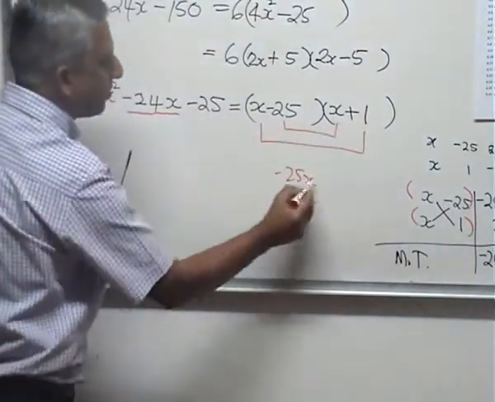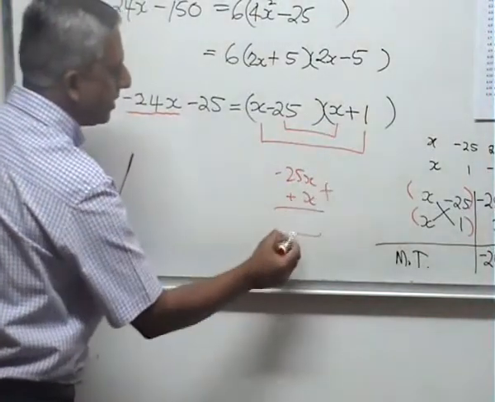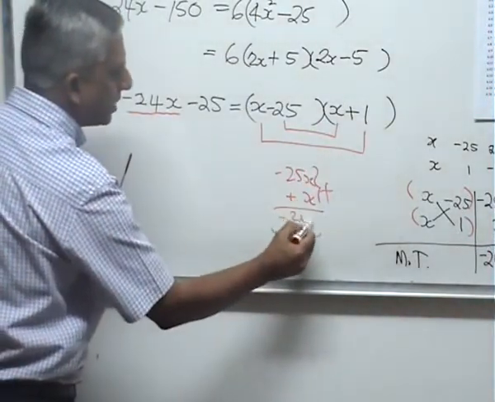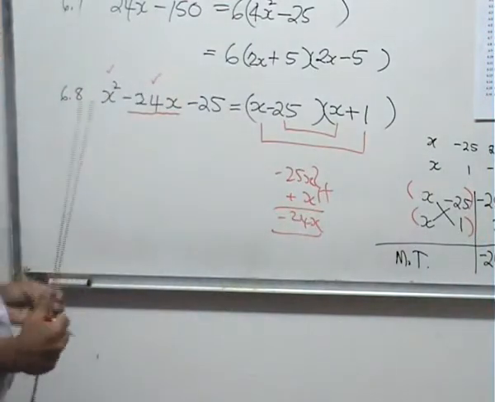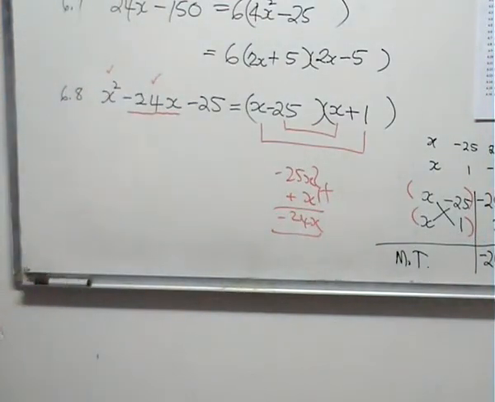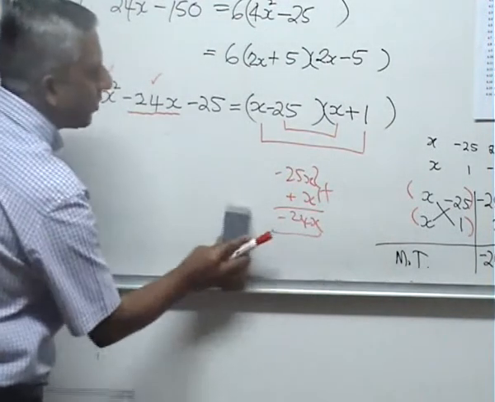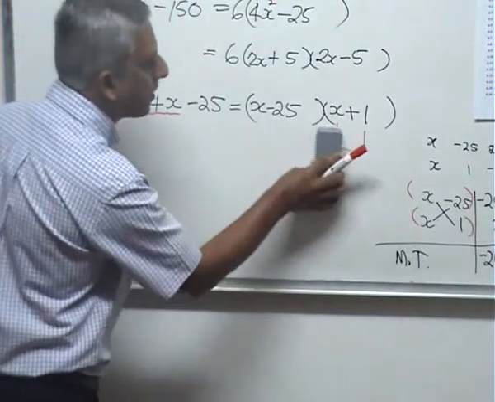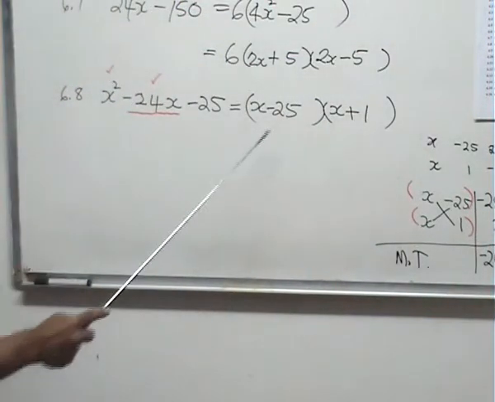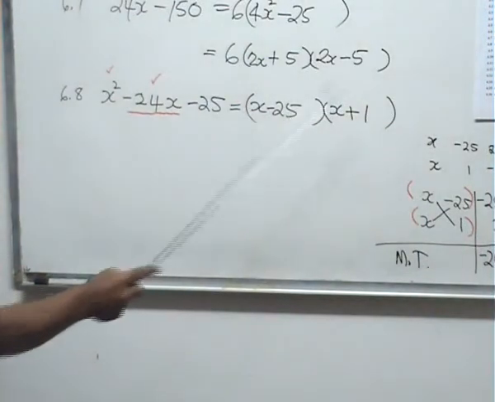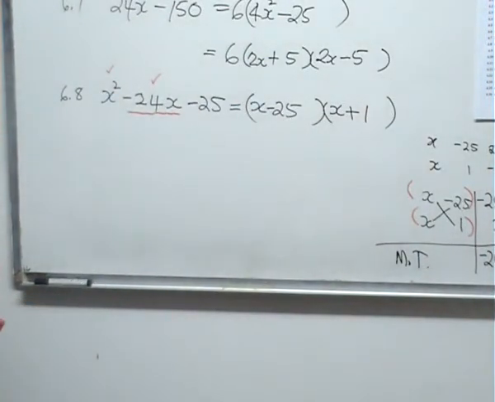Add it up, you're getting minus 24x. So we tested that. So it's very important to test like that, and then you can always do this on one side. We finish the test, and the final test, 25 times minus 1 is minus 25. So that's your answer for 6.8.